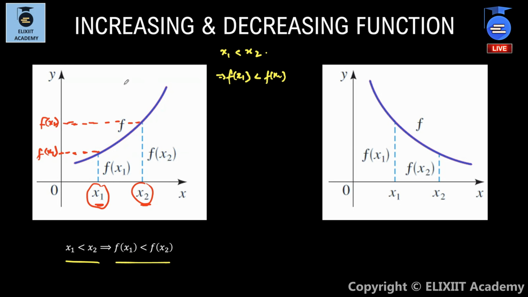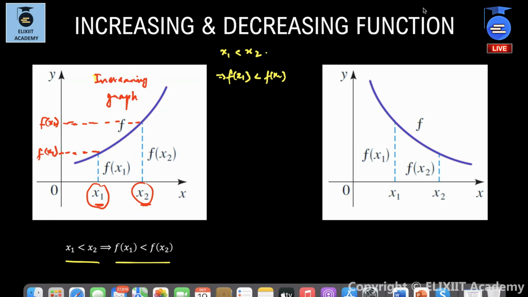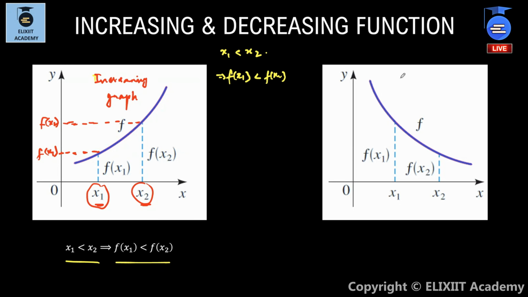This is the increasing graph, and this is the decreasing graph. Inputs mean the domain values, and the corresponding output. As you increase the inputs, the output keeps on decreasing.